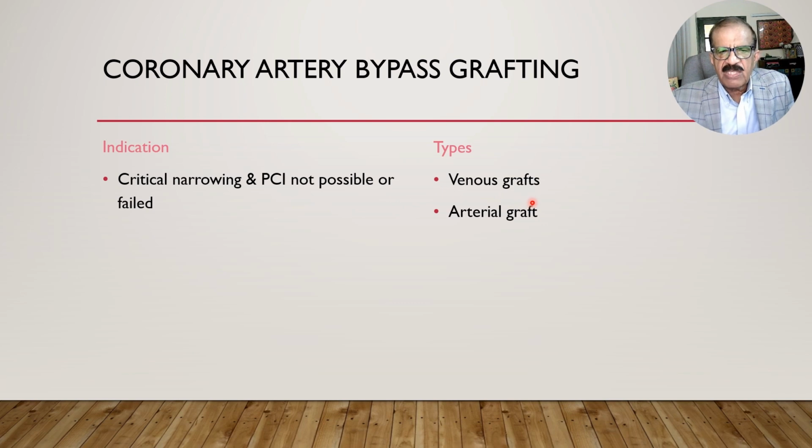There are venous grafts and there are arterial grafts. Arterial grafts are used if somebody has a well-developed internal mammary artery that is attached to the coronary artery distal to the narrower part. So that is the best graft. Otherwise, the saphenous vein is taken out from the same person's leg and that is grafted.